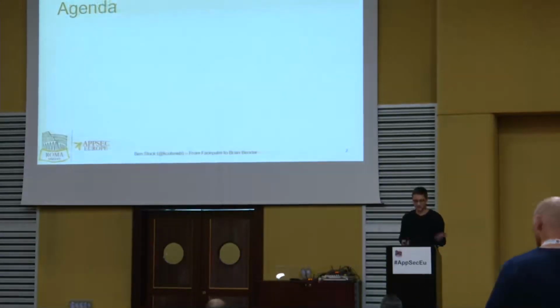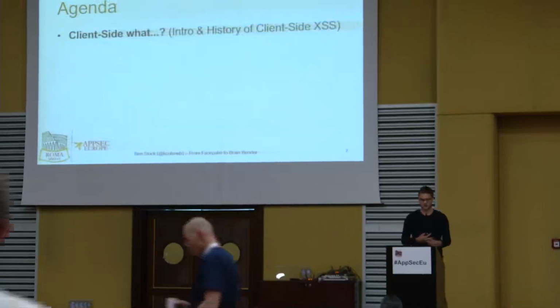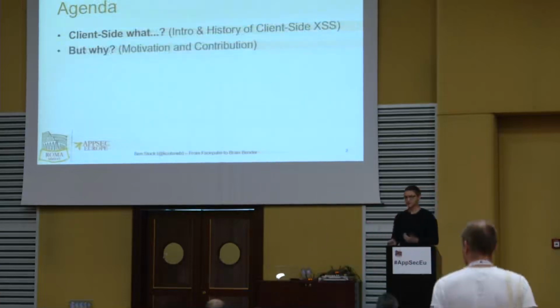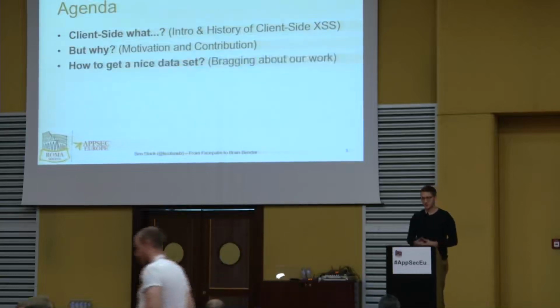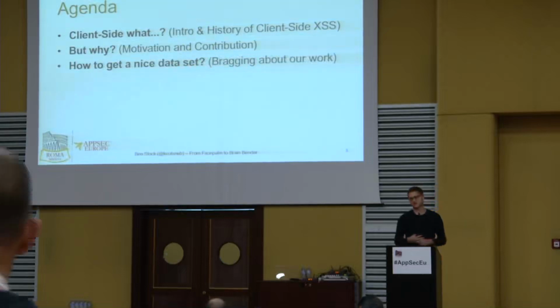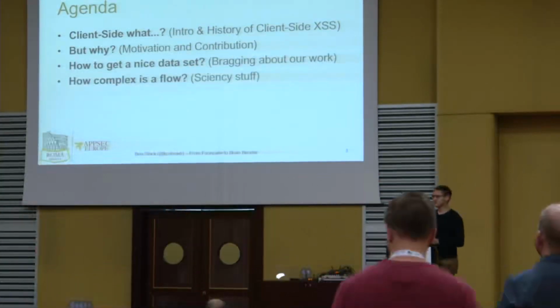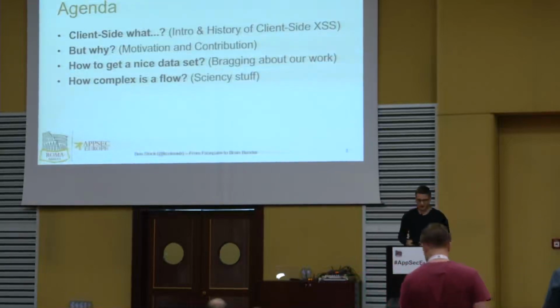All right, quick agenda. I briefly want to start with an introduction and the history of client-side cross-site scripting. Then I want to talk a little bit about the motivation and the contribution of this talk. Then I want to brag a little bit about previous work that we did to find cross-site scripting at scale. And then continue with some sciencey stuff, that is, we derive metrics on flow complexity and things like that.